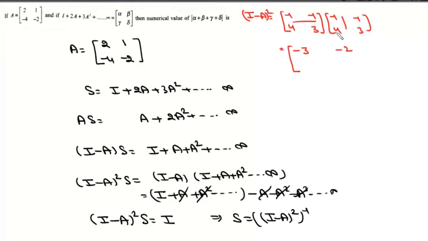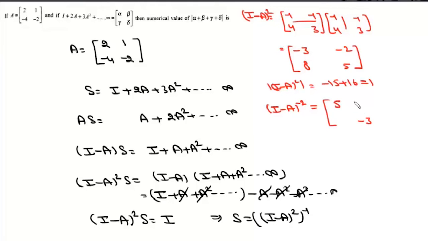This is minus 4 and 12, 8. And here it is minus 4 plus 9, and it will be simply 5. Now we have to find its inverse, and for that first we'll find its determinant. So determinant of (I minus A) square will be minus 15 plus 16, it is 1. So (I minus A) square inverse will be simply, now we'll interchange A and D, so it will be 5 minus 3, and we'll change the sign of B and C.